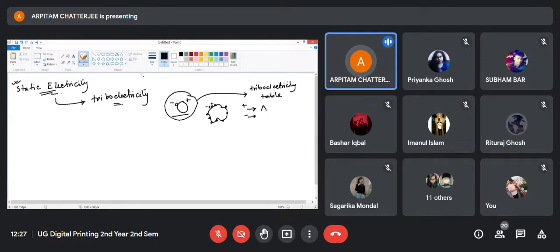So if say A and B, two materials, are attached by this triboelectricity, that means A will get positively charged and B will have a negative charge.